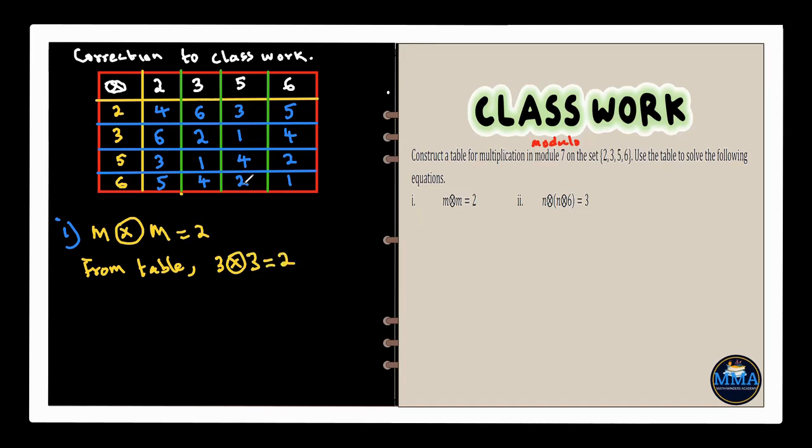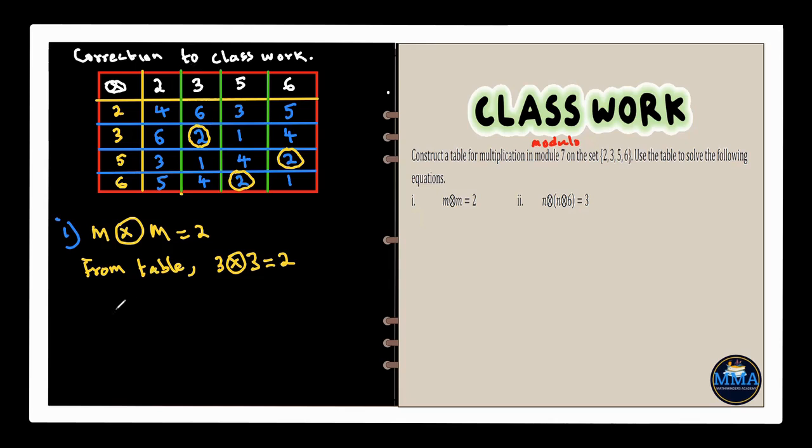Again, look at where we have 2, but this is 6 times 5. We have 2 here. This is 5 times 6. We have 2 here and here, and we have 2 here. So it's only this one that satisfies the condition, which gives us 3 times 3.